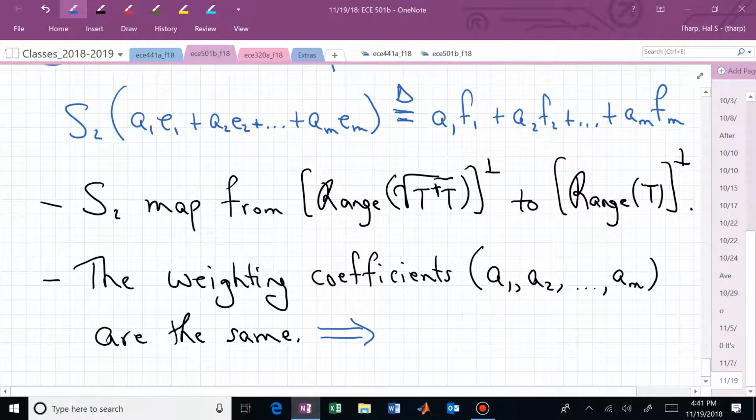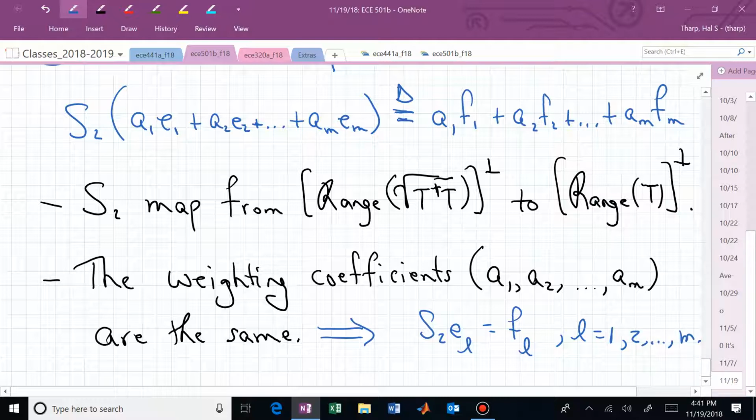Well, that just means that S sub 2 e sub l is equal to f sub l, for l going through the m's. Since the a's are the same on both sides of the equality sign, we're really saying that S2 e1 is f1. S2 e sub 2, we're going to map that to f2. That's really what we're saying.